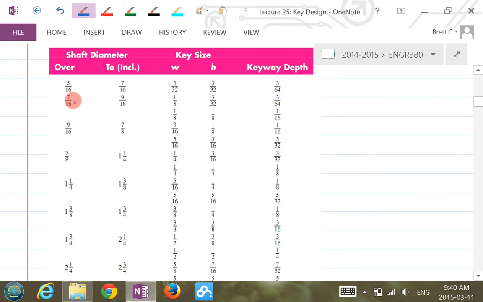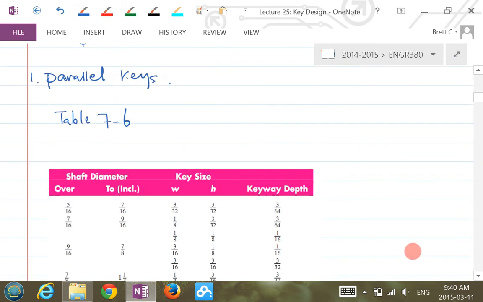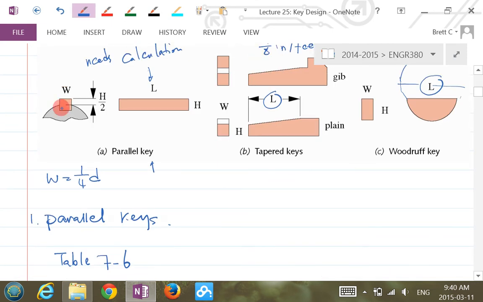So for example, for shaft diameter from 5/16 to 7/16, it recommends your key width to be 3/32 and H to be 3/32. So that's recommending a square key here, right? Square key. And the key width depth is basically the depth from here to here.